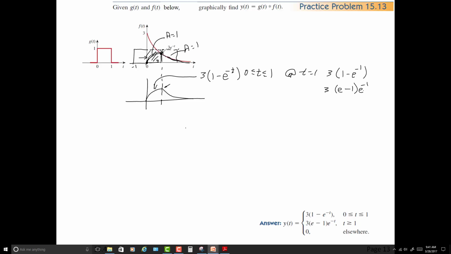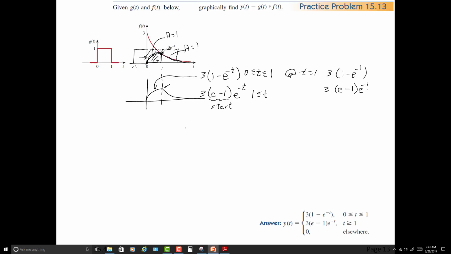So now if we just write the form of it in the next phase of time, in other words, after time here, it would be 3 times e minus 1, e to the minus t. That's our starting value for the second half of the curve. And this will be t greater than or equal to 1.